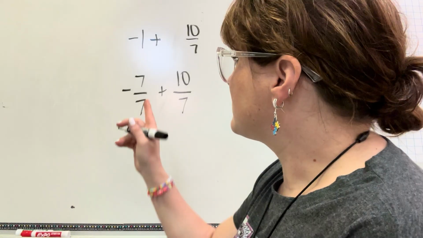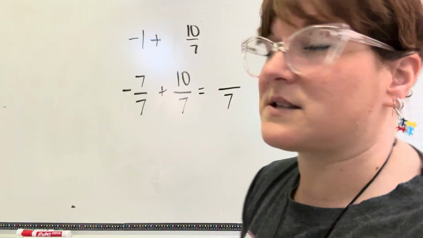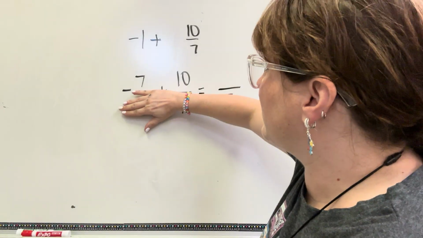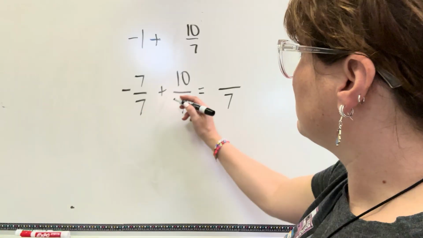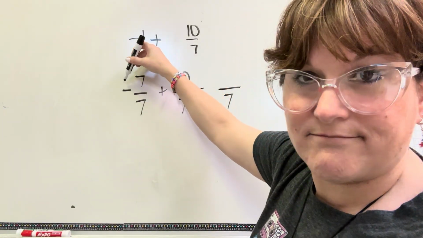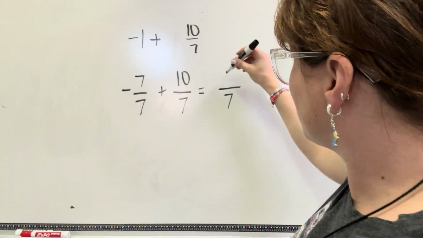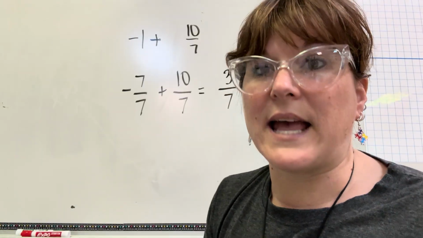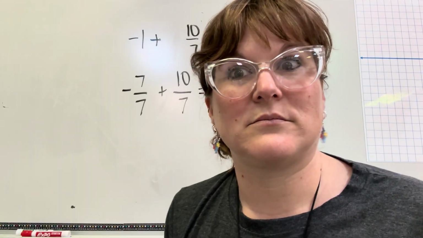Ready? So in this case, I know that 7 is going to be my common denominator. 7 stays there. So now I'm really just looking at those two numbers, 10 and 7. What's 10 minus 7? 3. They're different signs, so I subtracted them. 10 minus 7 is 3.